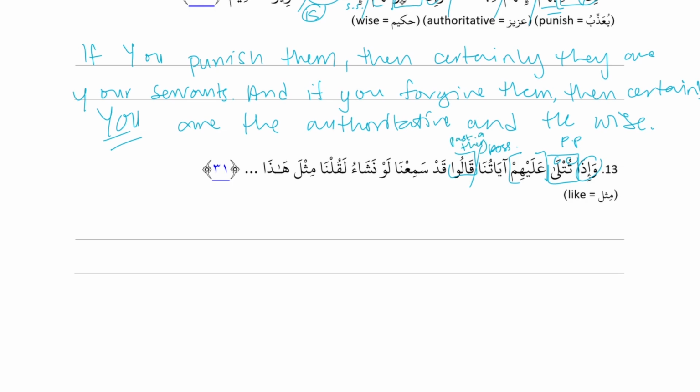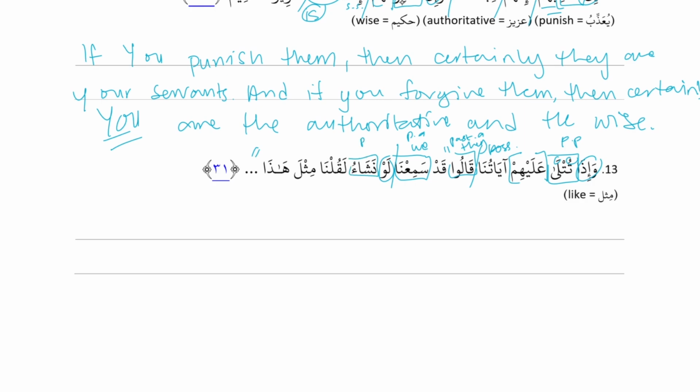Okay. And then qad sami'na, that starts a new sentence, or it starts a quote because of qalu. You have to label qad. Sami'na is past, active, and the doer is we. And then law nasha'u, this is a new sentence because law is another conditional word. Nasha'u is present, active, we.